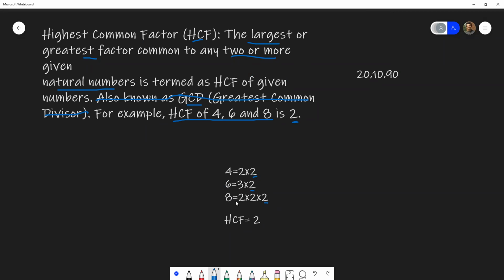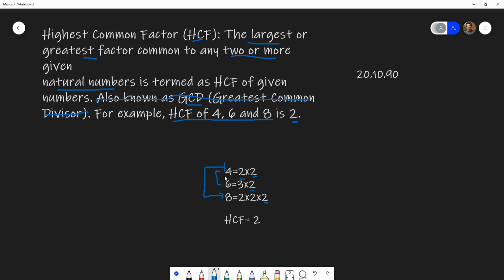In 2 times 2, if we take this 2, what do we have common? This one and this one. Again, 2. And then if we take common from this one and this one, we get 2 2s, correct? Yes.